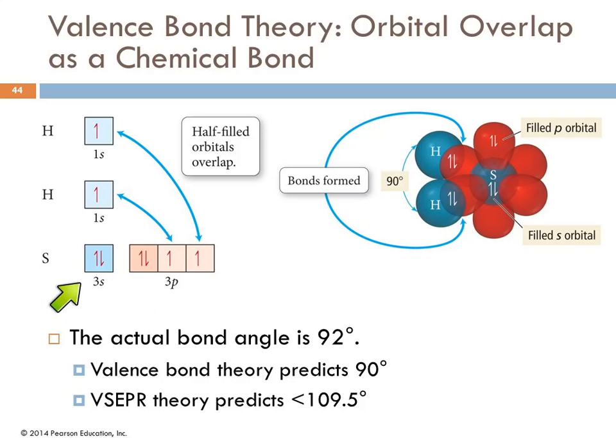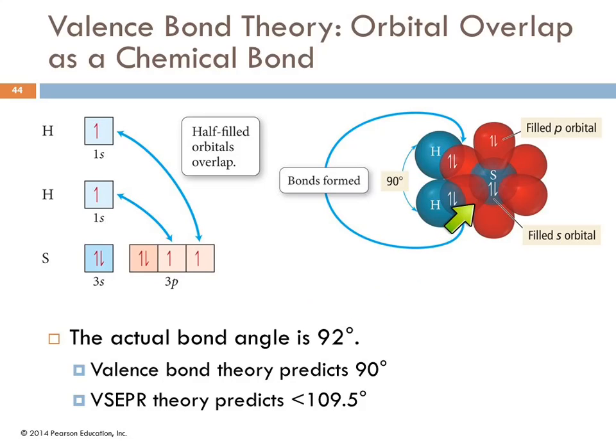Its valence configuration is 3s2, 3p4. And so we would look at this orbital diagram and predict that this hydrogen 1s orbital would overlap with one of these 3p orbitals, and that the other hydrogen's 1s orbital would overlap with the other.